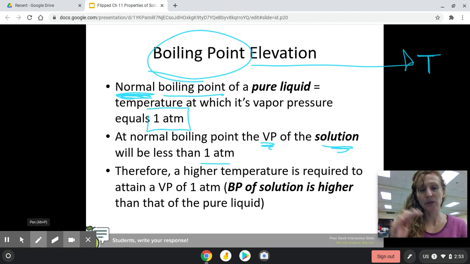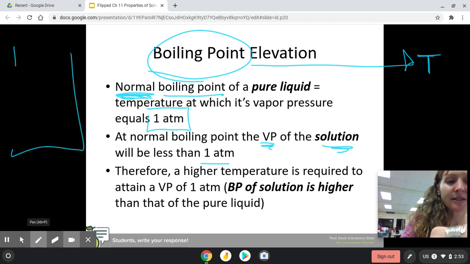So if you turn it into a solution, it's going to happen at less than 1 atmosphere. And so, in order to get it to boil, you're going to have to push that temperature higher. So again, this comes down to a really similar concept that vapor pressure did.